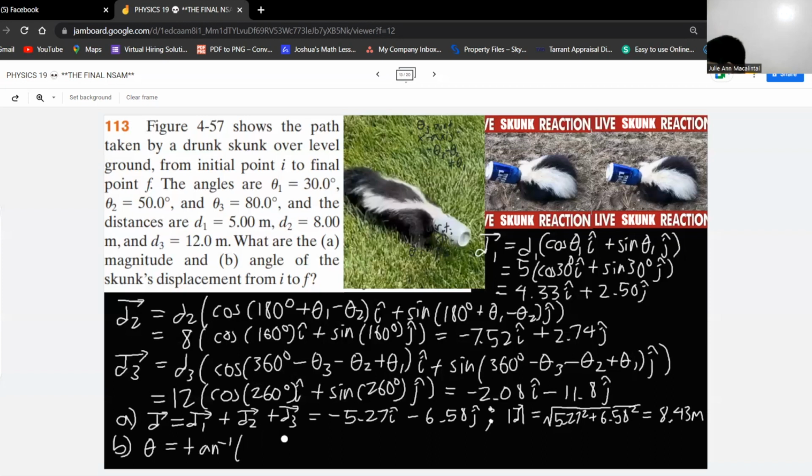Third quadrant. Do you remember the basic angle or reference angle from New Syllabus Additional Math?